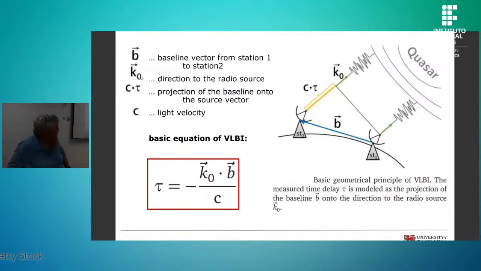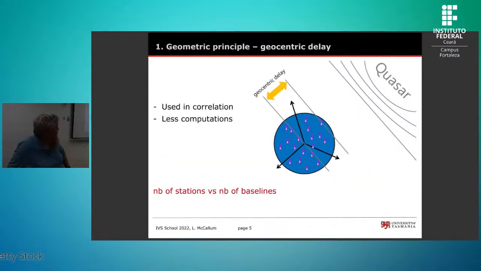Okay, so we're familiar with this. And one of the things that Lucia does is consider the delay to the center of the Earth. And this is the delay that's used in computations.